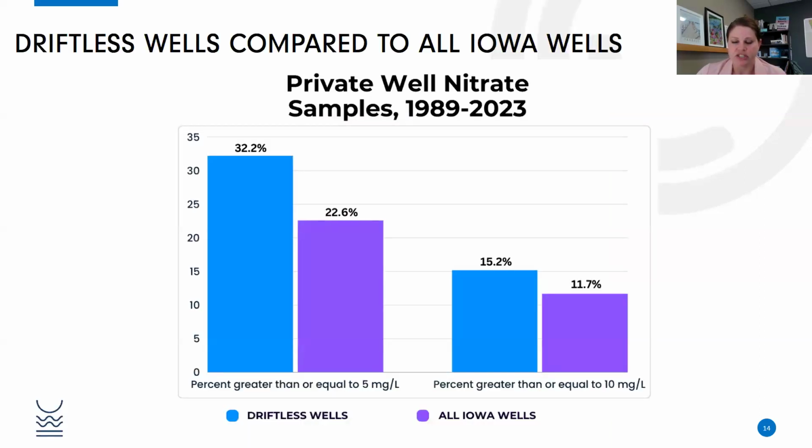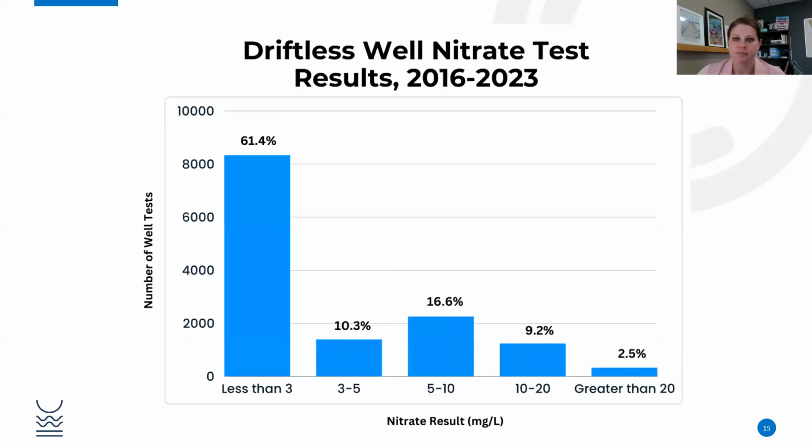And just as an overall picture of this, we did a comparison of the wells in the Driftless area compared to all of the wells in Iowa that are tested through the Grants to Counties program. And the wells in the Driftless are more likely to have nitrate contamination than wells across the state. So that is a major cause for concern in this area.